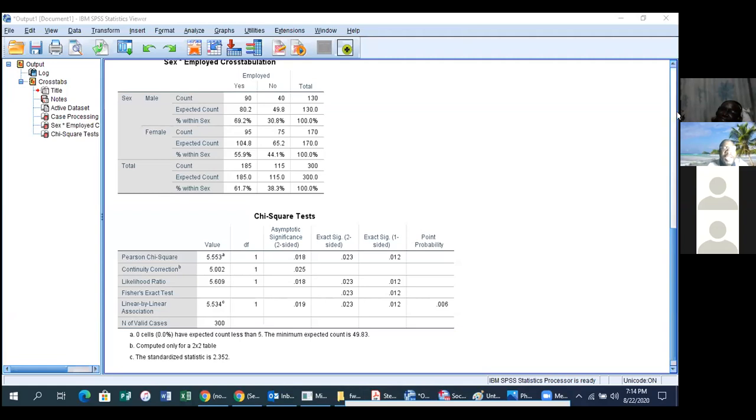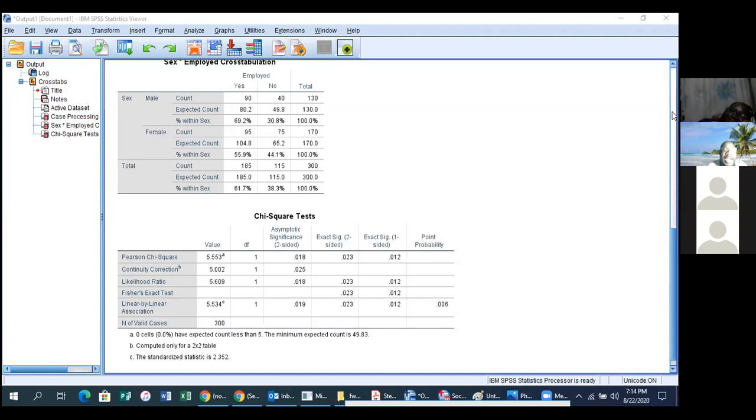So you will see that 90, 40, 95, 75, and the totals here, 185, 115. Those are the totals employed, 185, and not employed, 115. Male 130, female 170. But you see expected count. The other counts we first talked about are the observed counts.